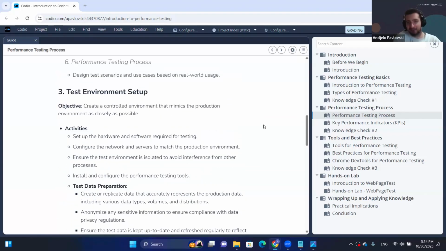Now, after you've done the nitty gritty, we call it in the QA, because analysis and test case design is probably one of the most challenging phases. The other one is the fun part, the test environment setup. So you want to basically enable an environment that mimics production. As I said in the beginning of the class, there are some projects that will require you to do the load testing on production.